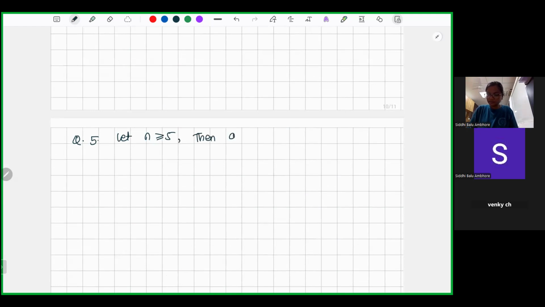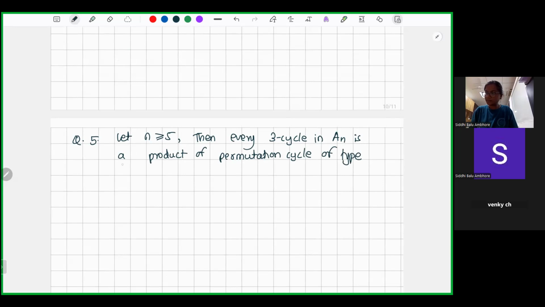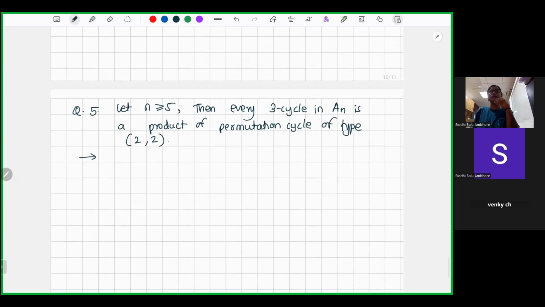Then every 3 cycle in A_n is a product of permutation cycles of type 2-2. And this is true or false.